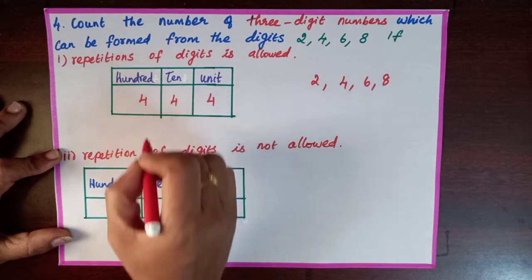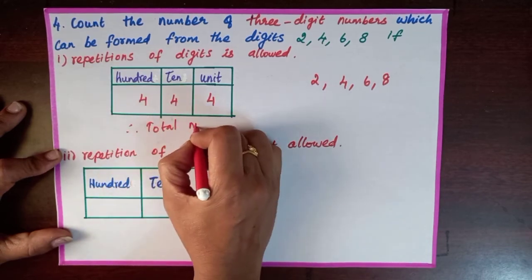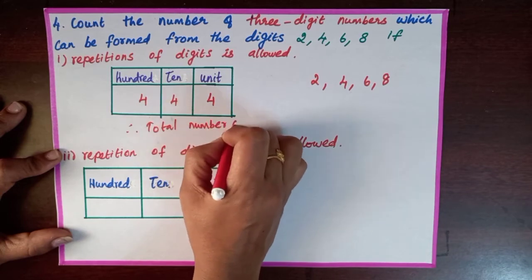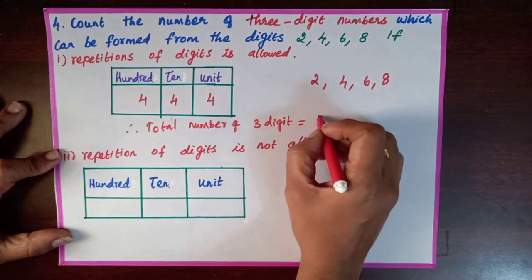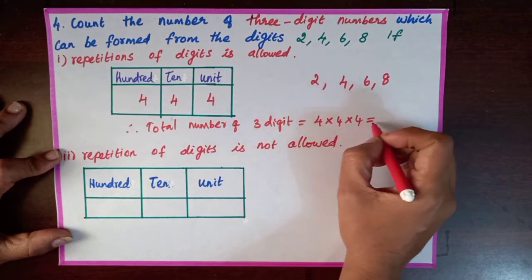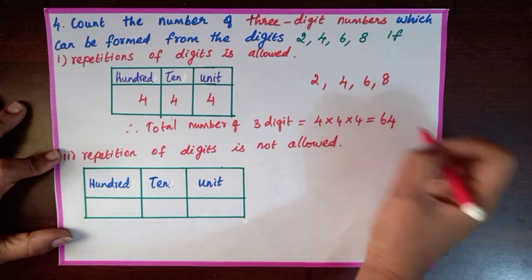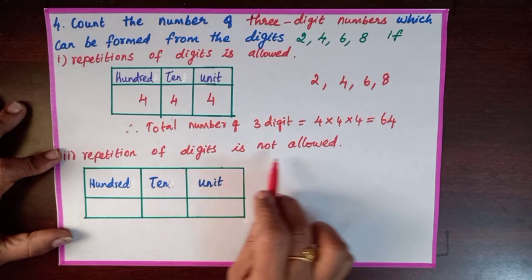Therefore, the total number of 3-digit numbers is equal to 4 into 4 into 4. 4 4s are 16. 16 into 4 is 64. Second subdivision, repetition of digit is not allowed.